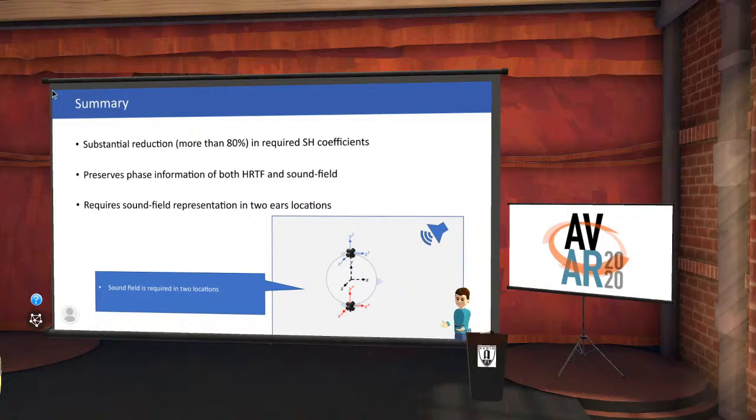So we can use such a method to add head rotation here also, just by applying different ITDs and ILDs according to the head tracking. But we would also like to investigate different methods for this.